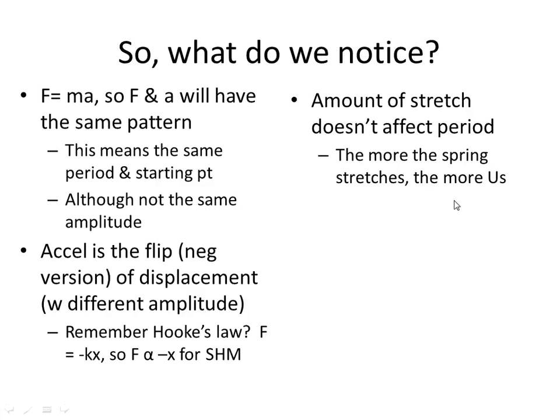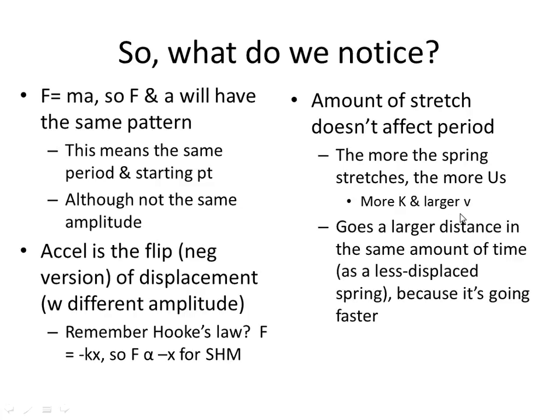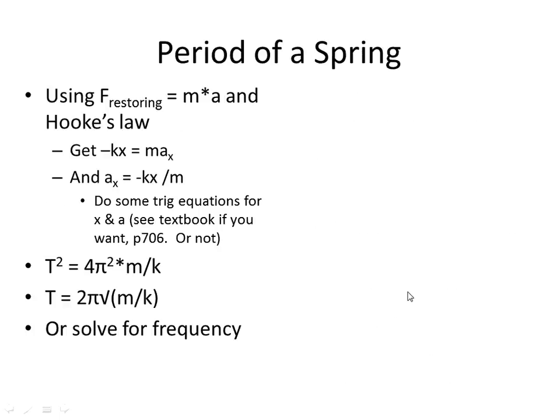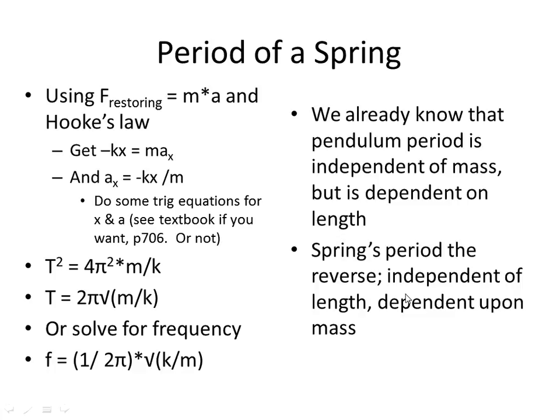Larger v, so it's going to go a larger distance in the same amount of time because it's going faster. That's why the amplitude doesn't actually affect things. So, what's the equation for a spring? There, good stuff.